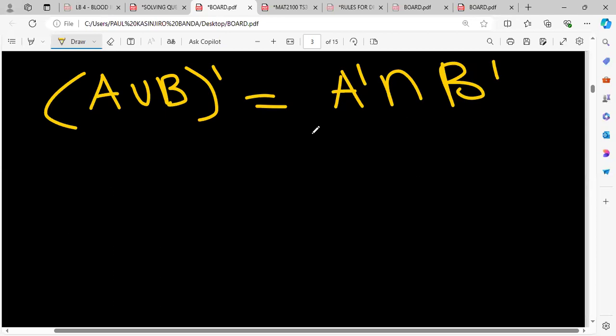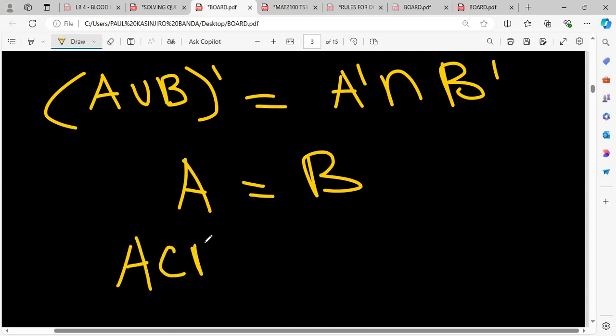Okay, so when I was talking about the set operations in the other lesson, I said for you to consider two sets to be equal, it means they have to be subsets of each other. So if my set A is equal to set B, then under set theory, it means that A should be a subset of B and B should be a subset of what?